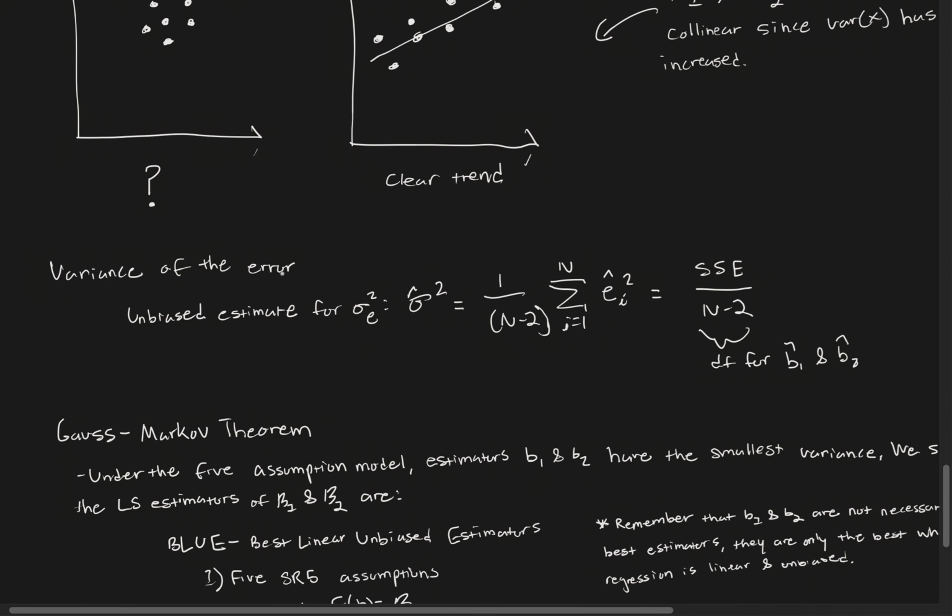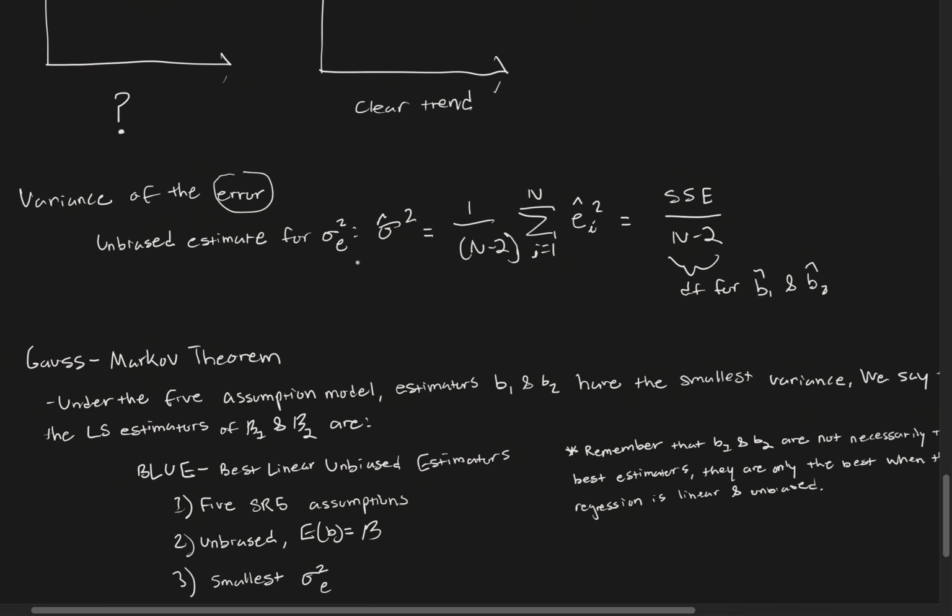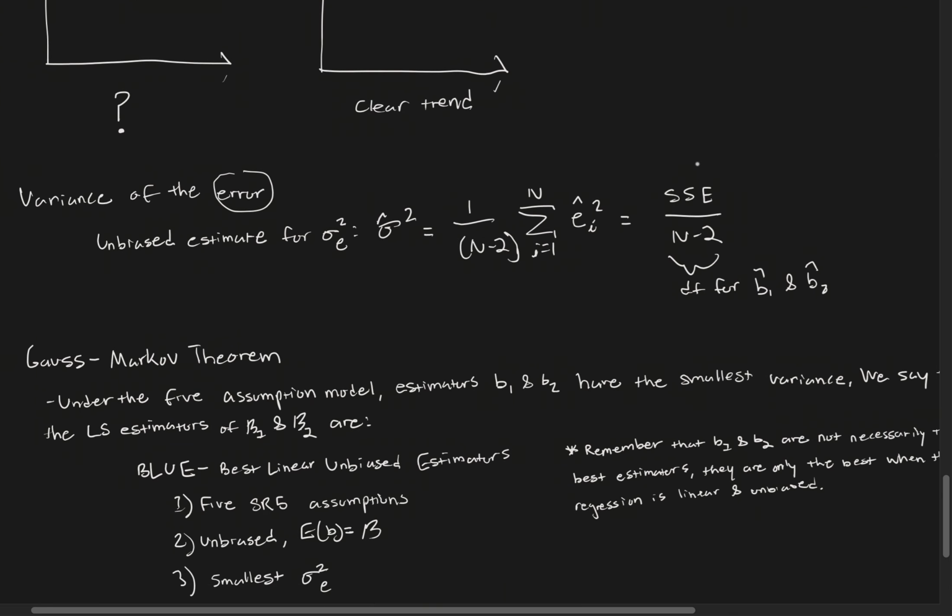All right, so the variance of the error, not the variance of beta 1 and beta 2, but the variance of the error, can be calculated as the sum of squared errors, which we learned how to calculate, divided by n minus 2. So essentially the sample size, except it's called the degrees of freedom because beta 1 and beta 2 are the variables we're accounting for.